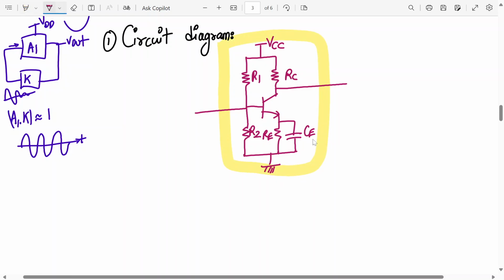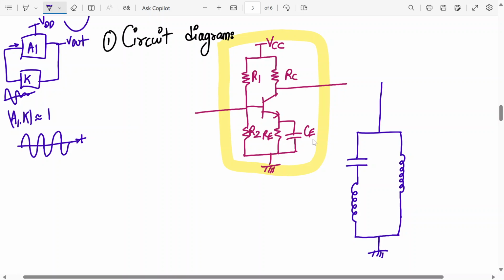Now we connect it to the LC tank circuit. I'm drawing the LC tank circuit in blue color. So we connect it over here, like this. You have a capacitor. Then here you have two inductors, one over here and one over here. This is connected to ground. This is L1, L2 and this is C3.